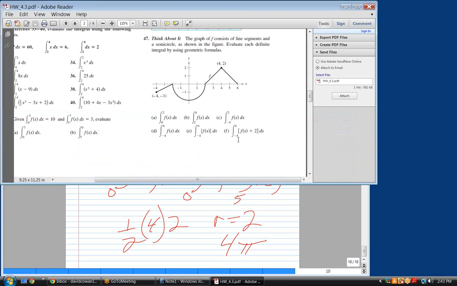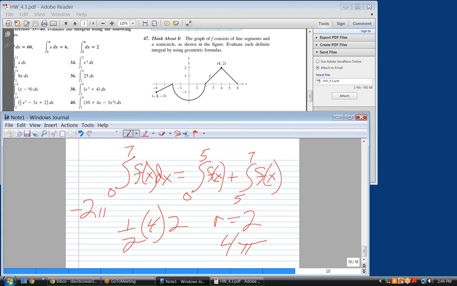And C, from -4 to 2, which is this little triangle and that semicircle. The quarter of that semicircle is pi, so that whole semicircle is minus 2 pi. And then that triangle is simply base of 2, height of 1, so that's an area of negative 1 added to that. So minus 2 pi minus 1.